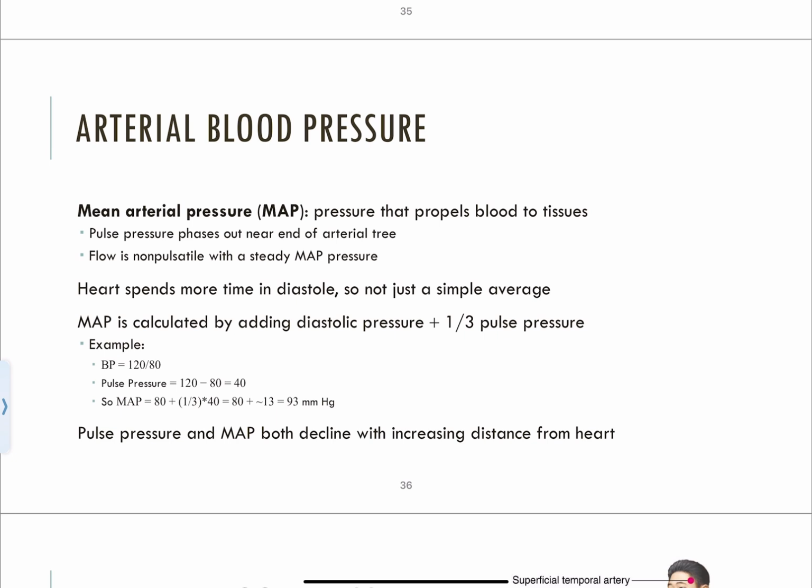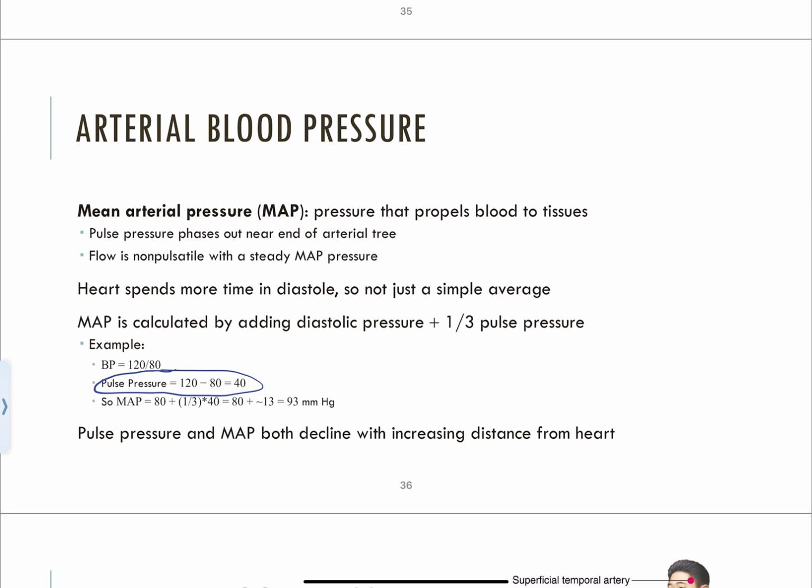The mean arterial pressure is basically calculated by adding the diastolic pressure plus 1/3 of the pulse pressure. So for example, we have to know what the original blood pressure was. If we were still working with our 120/80, we calculated our pulse pressure previously, but it's also shown here.